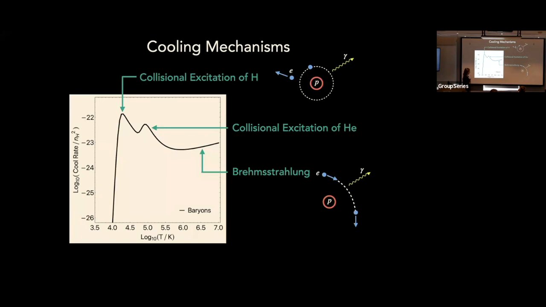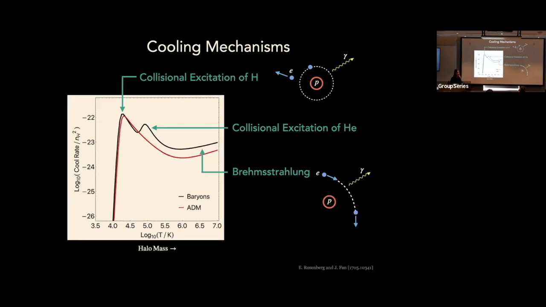As the system moves to lower temperatures, each of these different processes will dominate, and that's what sets the rate of cooling. In an atomic dark matter scenario, now I have a gas of atomic dark matter. If I set the parameters of that atomic dark matter to be very similar to the standard model, the cooling curve looks like the red.